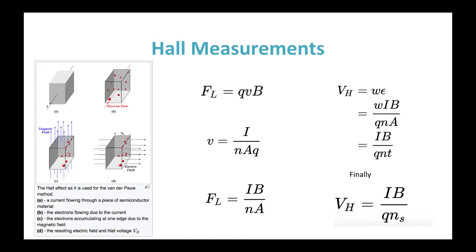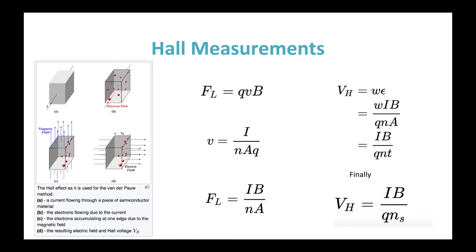When a current is applied to a piece of semiconductor material, it results in a steady flow of electrons through the material. The velocity at which the electrons are traveling is given by the formula we can see here, where n is the electron density, A is the cross-sectional area of the material, and Q the elementary charge.